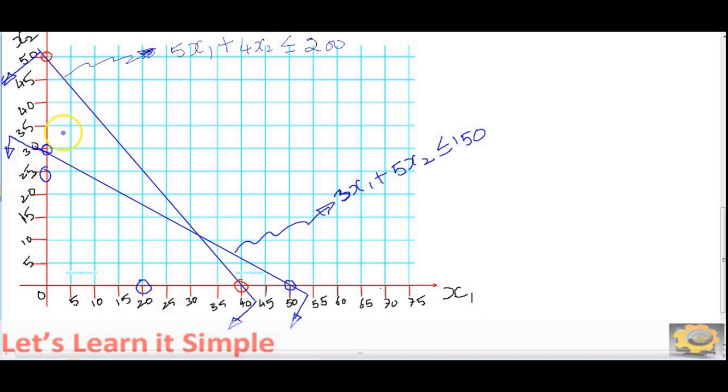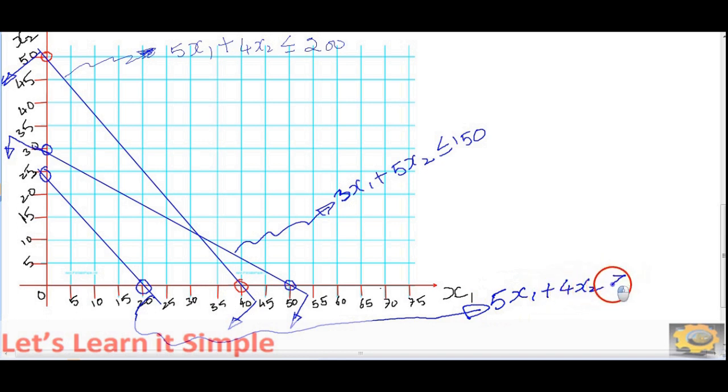So like the previous two constraints, I need to cover these two points by a straight line. I am joining a straight line. The constraint for this line goes like this: 5x1 plus 4x2 greater than or equal to 100.